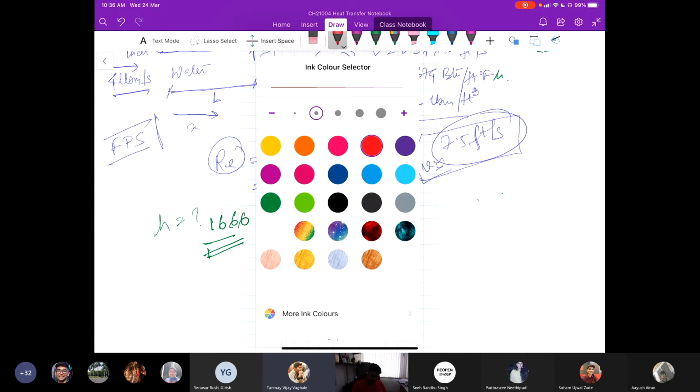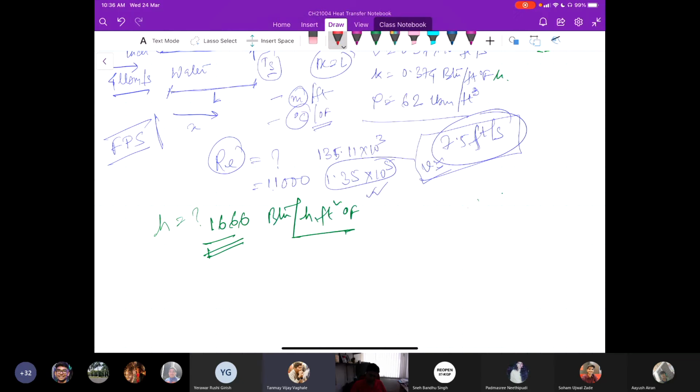We will use surface heat flux equal to h into (Ts minus T mean), at T mean at exit.